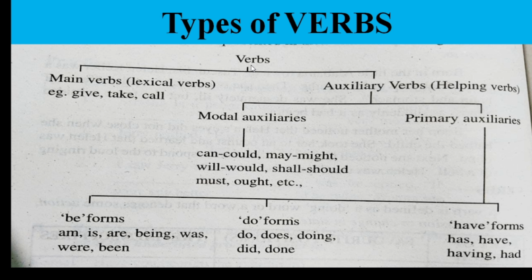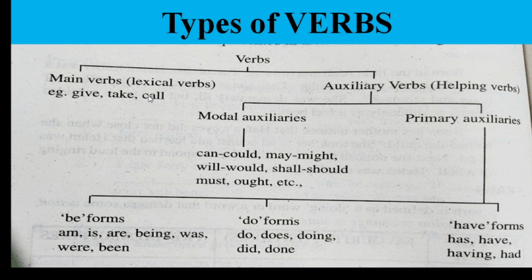Verbs have been divided into two types. The first is main verbs, also called lexical verbs. Examples: give, take, call, walk. These are all examples of main verbs.